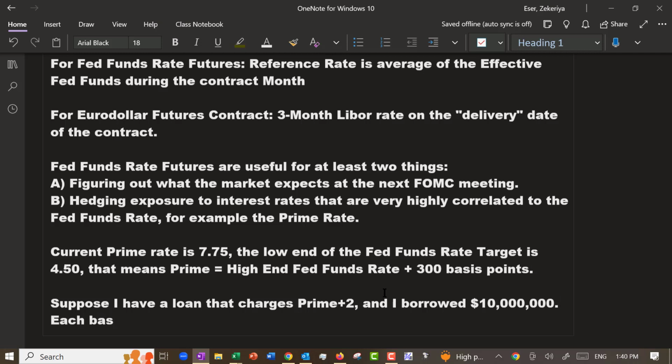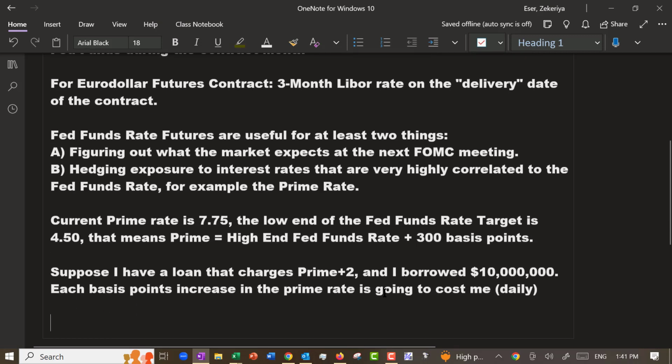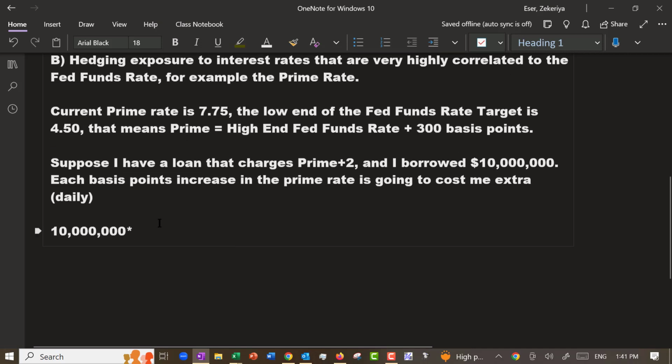Each basis point increase in the prime rate is going to cost me daily $10 million times 0.01% divided by 365.